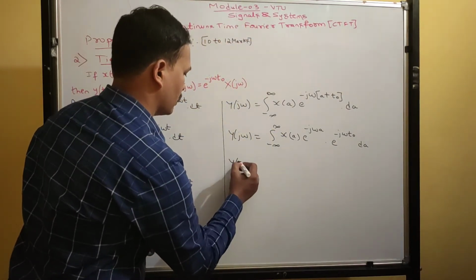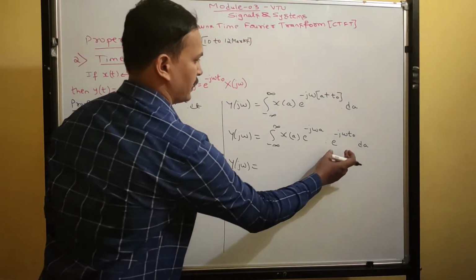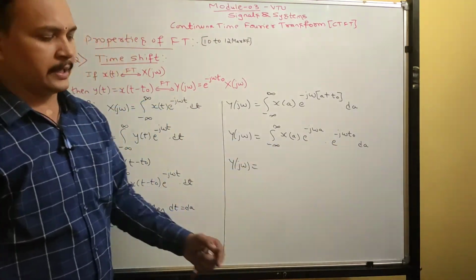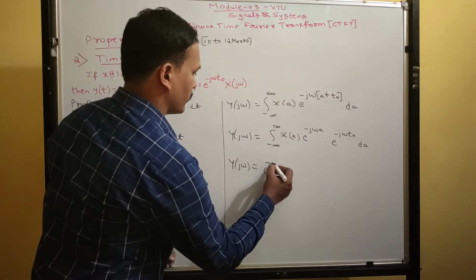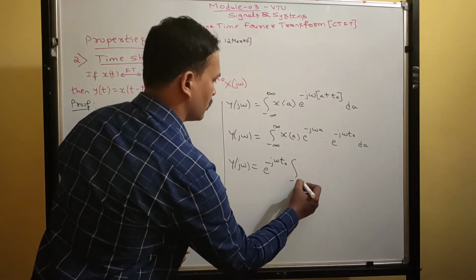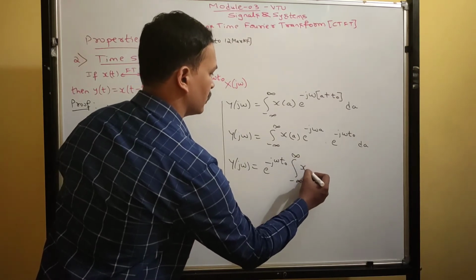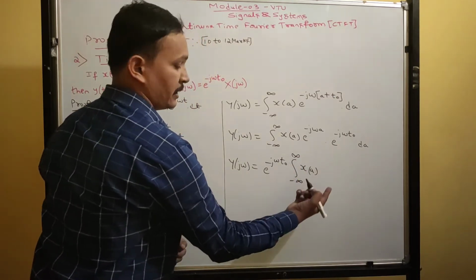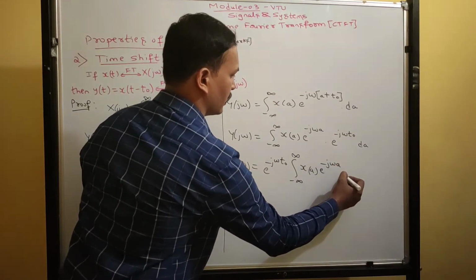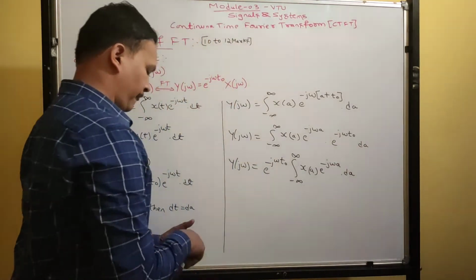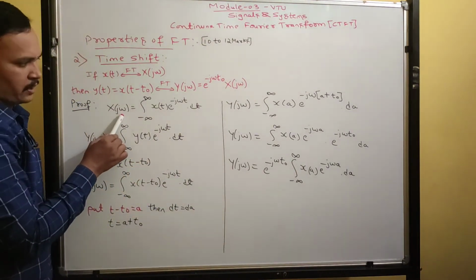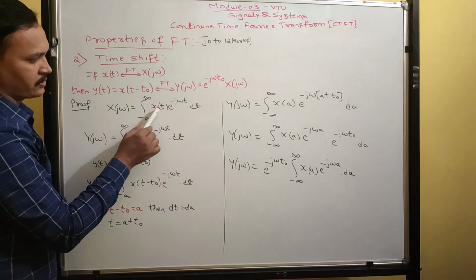Therefore Y of j omega equals, taking this term outside, e to the power of minus j omega t naught times the integral from minus infinity to infinity of the remaining terms, x of a into e to the power of minus j omega a into dA. Now compare this with the formula for X of j omega, the integral of x of t.